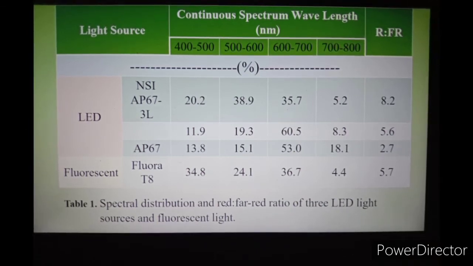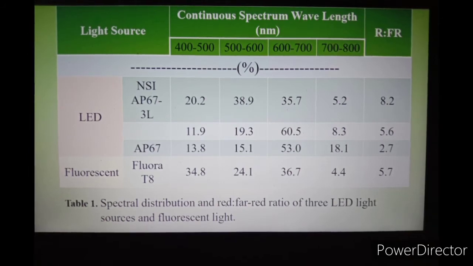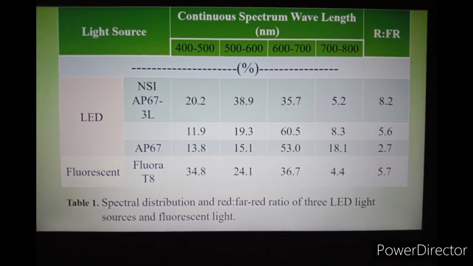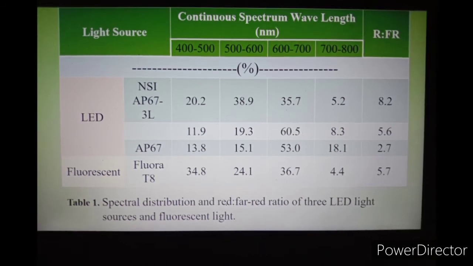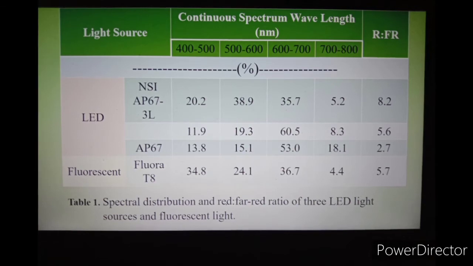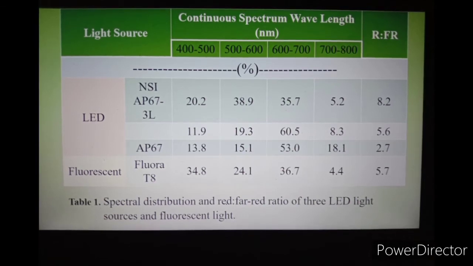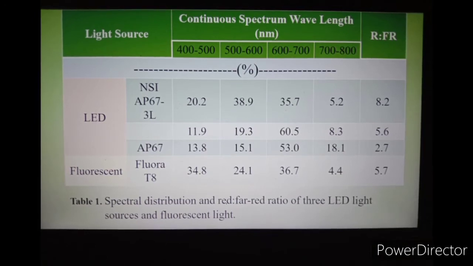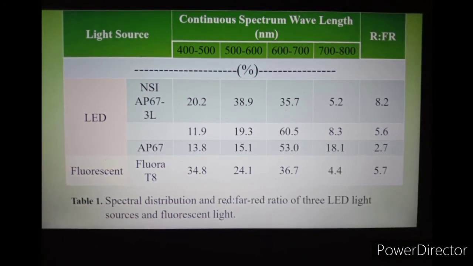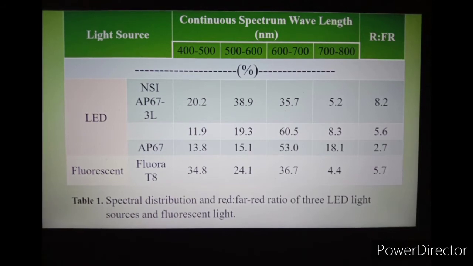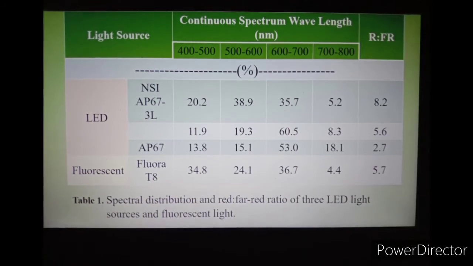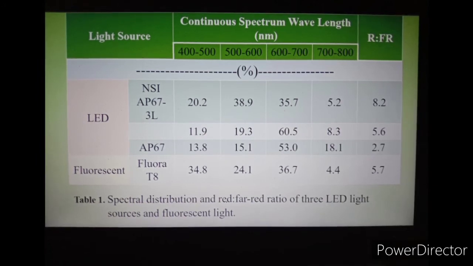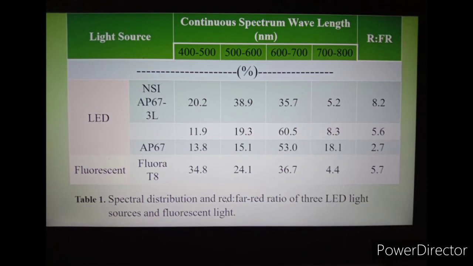In LED light, they use 3. The first one is NSI AP67 3L. The second one is continuous LED. And the third one is AP67, while in fluorescent, they used Flora T8. And the numbers indicated in the table is the percentage of the continuous spectrum wavelength of the LED light and fluorescent light being used as a light source.